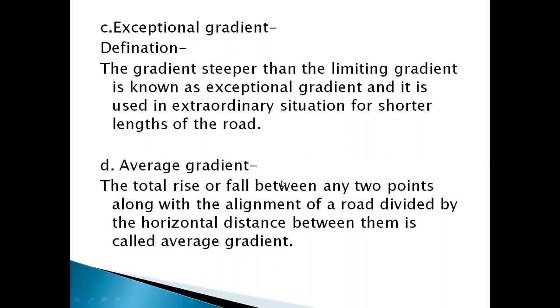Then this gradient is known as the average gradient. What is the definition of average gradient? The total rise or fall between any 2 points along the alignment of road divided by the horizontal distance between them is called the average gradient.